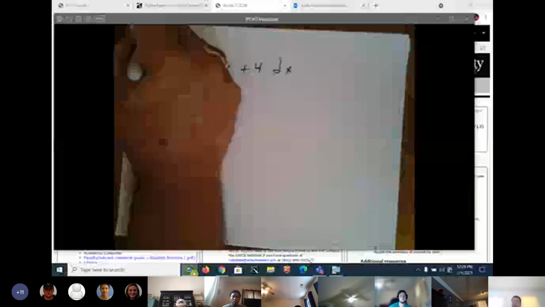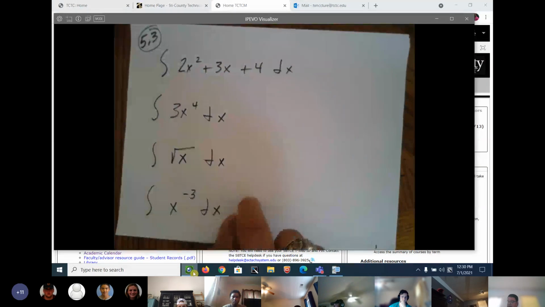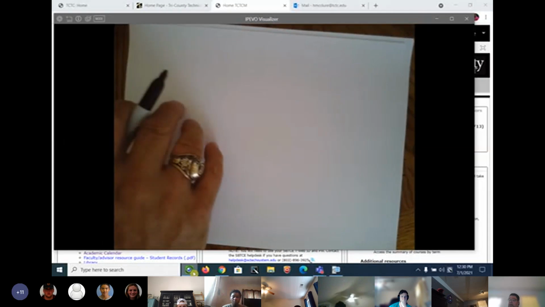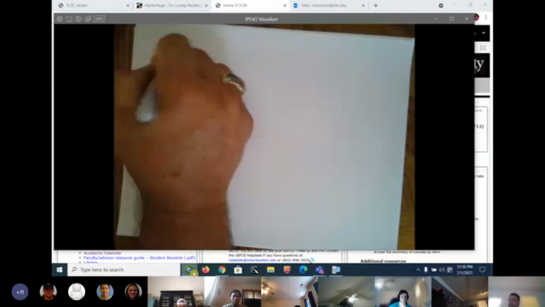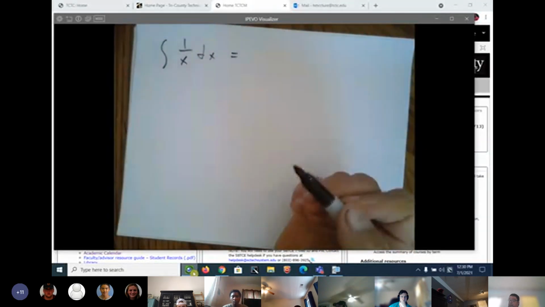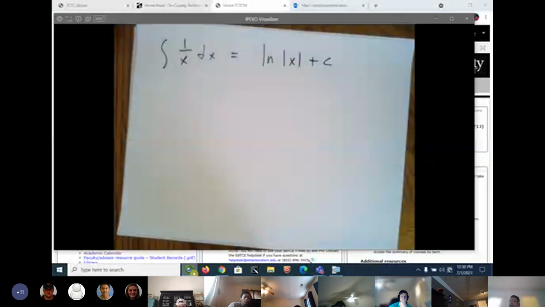Now I'm going to throw a couple of these in. There's the derivative of the log. Let me throw those in too. And y'all got it on y'all's little sheet that I sent y'all either today or yesterday. The antiderivative of 1 over x dx is equal to natural log of x plus c.